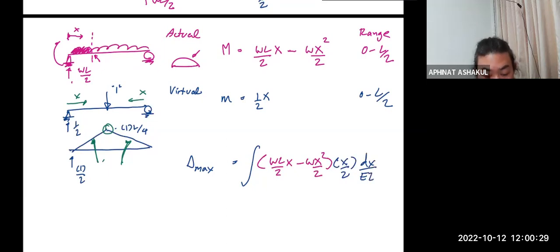But remember that we need to split the moment equation in the virtual case. So this integral is from 0 to L over 2. And because of the symmetry, we take advantage of that, so we multiply this integral by 2 to sum up the entire work of the system. Right?